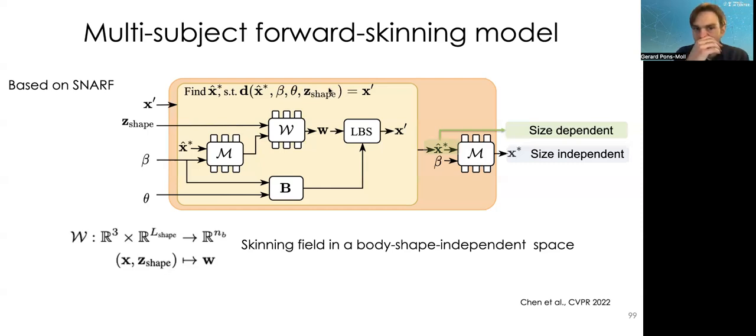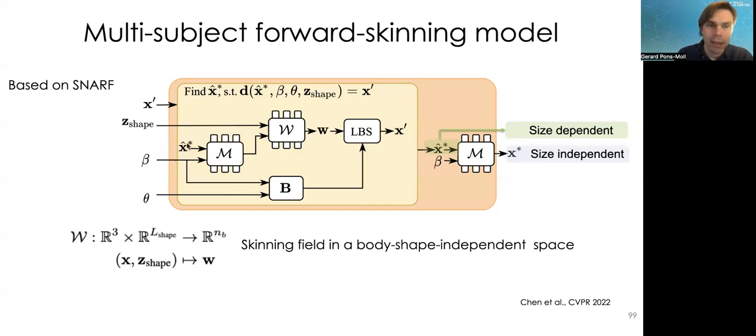So just a note on the notation, because it's easy to get a bit confused here. Notice that there's X star and also this little triangle on the top, little hat. This means that it's the canonic point, but this point is in size-dependent space. This would mean a canonical space, including the shape of the person and the clothing, which we need to now make size independent with this module M in order to predict the skinning weights.